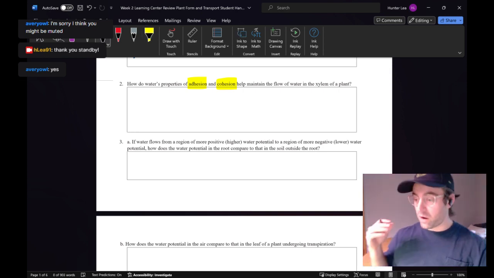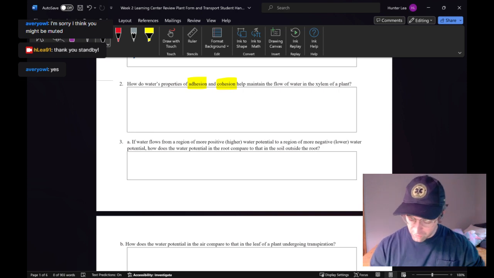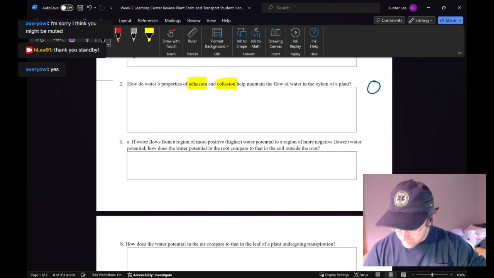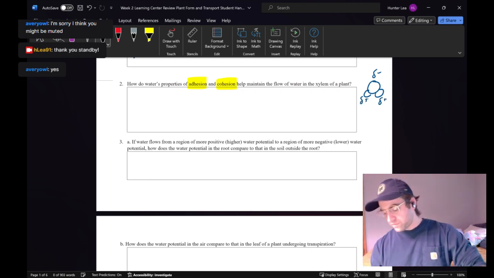And for those of you who are in general chemistry or have taken it already, you will remember that water is a polar molecule with a generally electronegative oxygen bonded to two electropositive hydrogens.